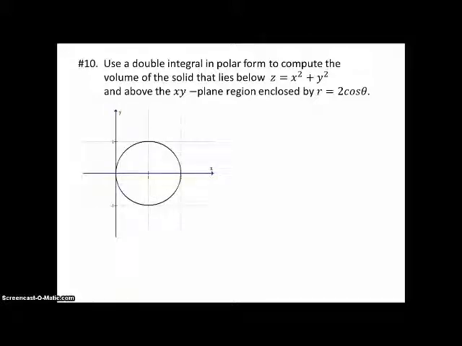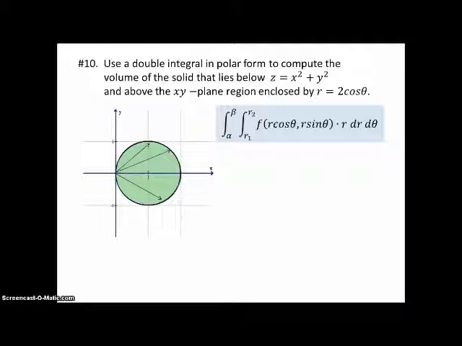It's actually a circle centered at 1 with radius 1, and we shade in the region we're talking about. Notice that it is radially simple. Here's our formula. Now z is x squared plus y squared. What is that in terms of r? Well, I hope you said r squared. And then we have the rest of our integral.